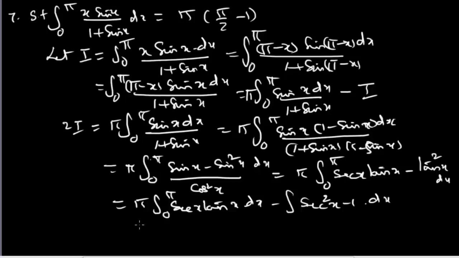Now at this stage you integrate: pi into integration of secant x tan x is secant x only, minus integration of secant squared x is tan x, and minus into minus plus 1, integration of 1 is x, from 0 to pi.